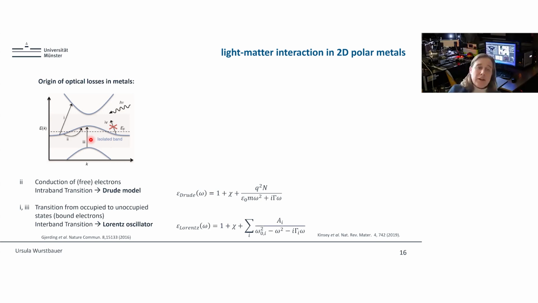But we can also have interband transitions, where we have an oscillation of the charge density between bands. It's sometimes also called localized plasmon modes, which can be described by a Lorentz oscillator.